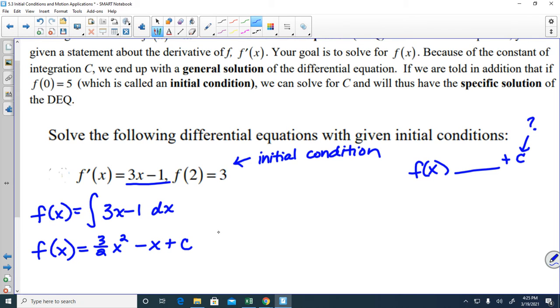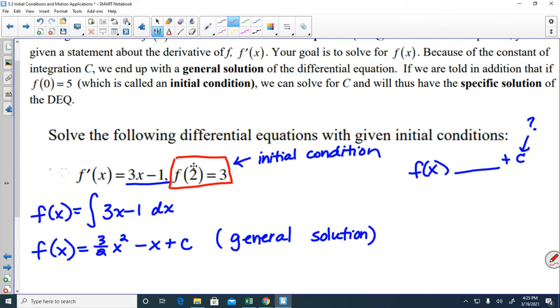So this is called a general solution. Because it has this plus c here, it's general, because it could be 3/2 x squared minus x plus any constant that exists. Now, if I want to find the specific solution, I need to involve this initial condition.